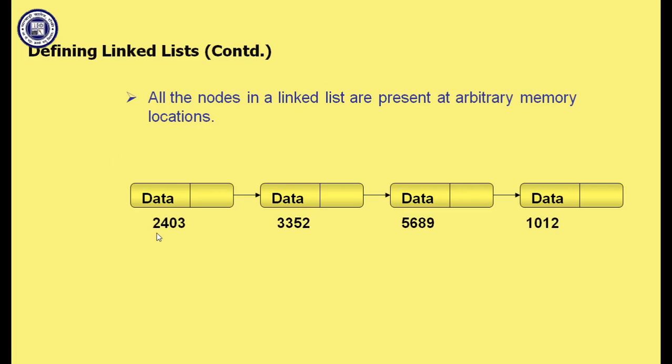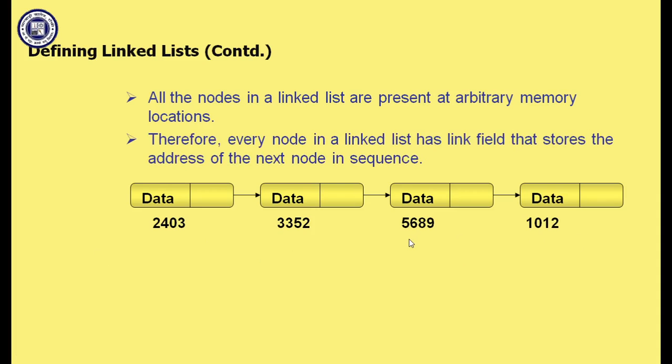So these are the memory locations. For the first element it is 2403, for the second one it is 3352, for the third it is 5689, and for the last element it is 1012. So we can see here that we do not have any ordered allocation of memory. Therefore, every node in a linked list has a link field that stores the address of the next node in the sequence.